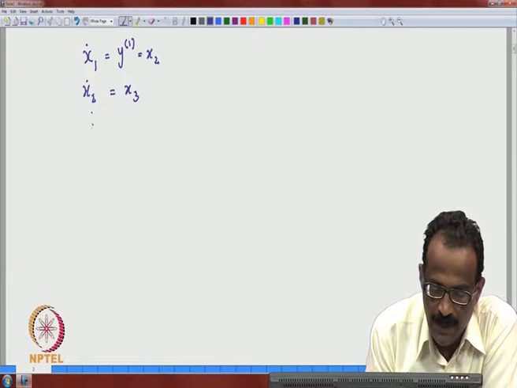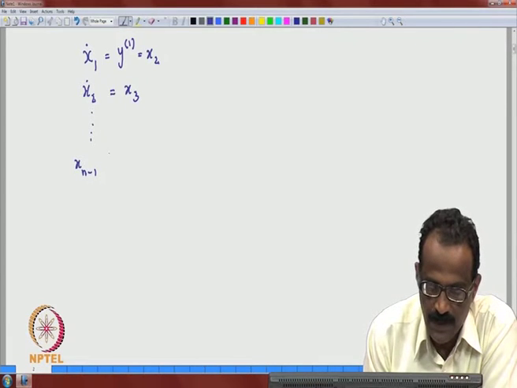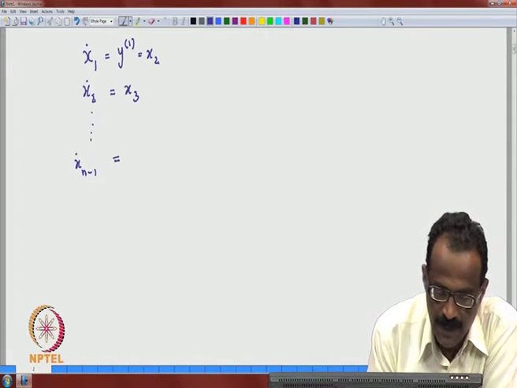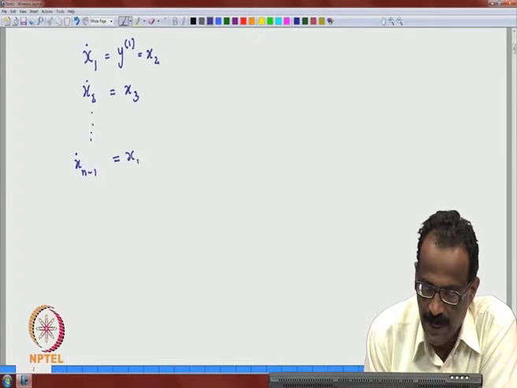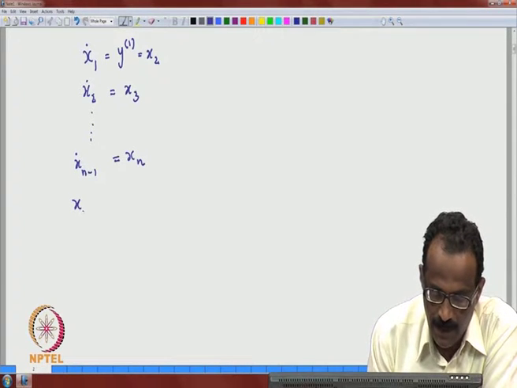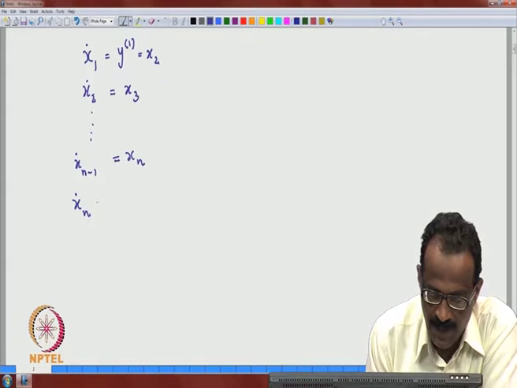So, if you go like that, you will get x_{n-1} dot is equal to x_n, and x_n dot has to be recovered from your equation.